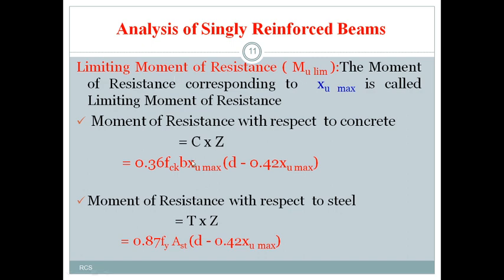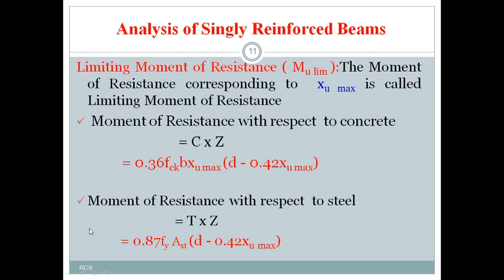So in place of the actual depth of neutral axis, we have to substitute the maximum depth of neutral axis, that is xu max. So the final formula for the limiting moment of resistance with respect to the concrete is 0.36 fck b xu max (d minus 0.42 xu max).